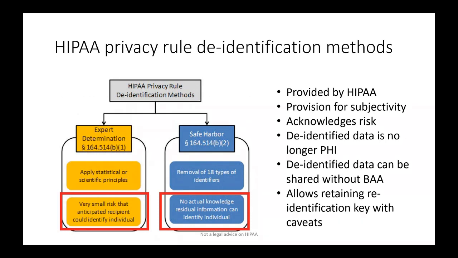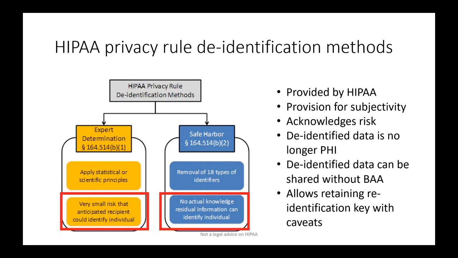Now let's talk about HIPAA privacy rule de-identification methods. As part of the privacy rule, they have specified the acceptable de-identification methods, right? At a high level, there are two ways in which you can do it. One is what they call the expert determination method, and the second one is the safe harbor method. The expert determination method involves a statistical expert, which is a loosely defined term, and we'll talk a little bit about that too.